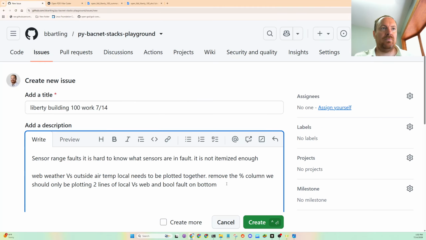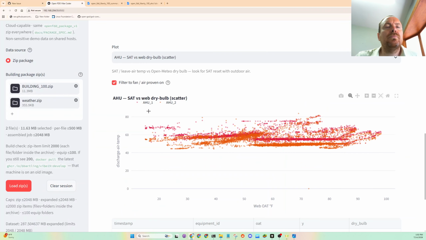RCX plot: fix label of HU versus dry bulb scatter plot, not wet bulb. It shouldn't be wet bulb. You only need to look at wet bulb if you're looking at some kind of a cooling tower or evaporative cooling. I think this is a mismatch in the label, but this is what we're trying to depict here.